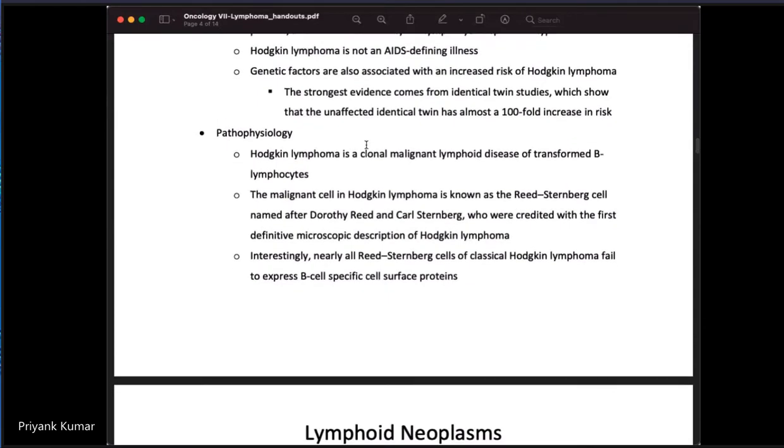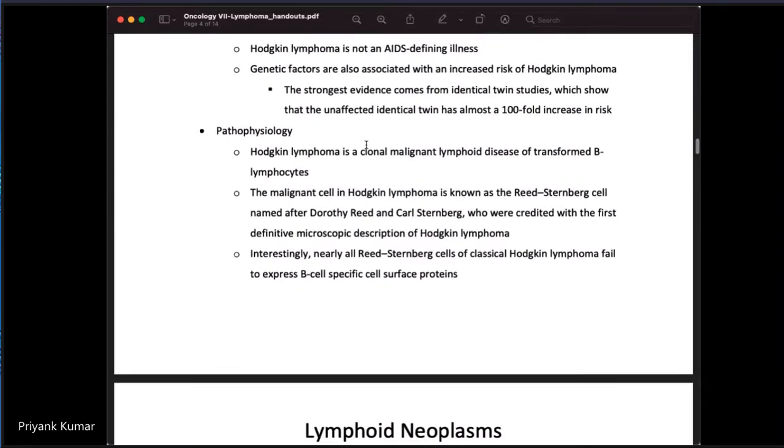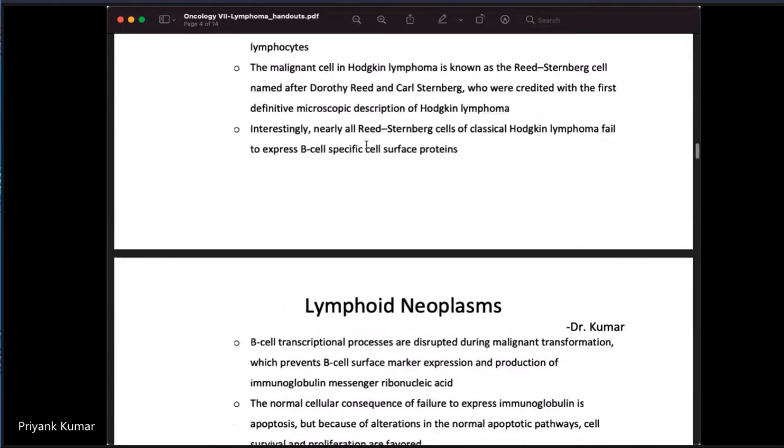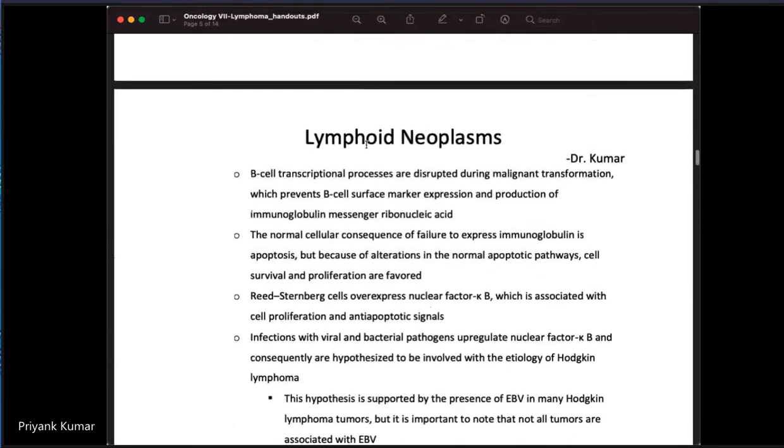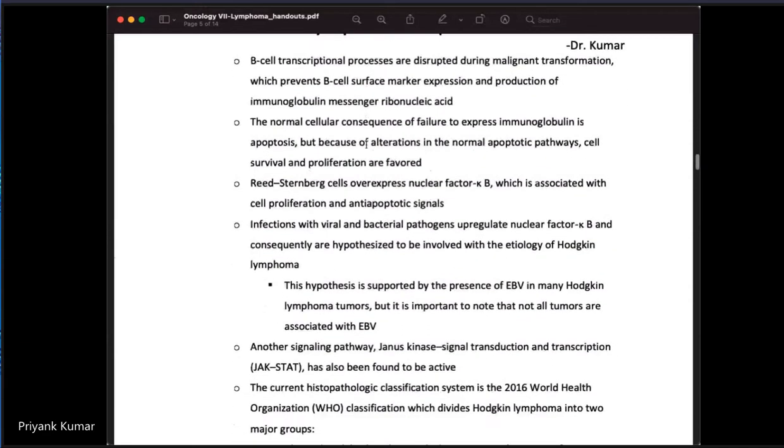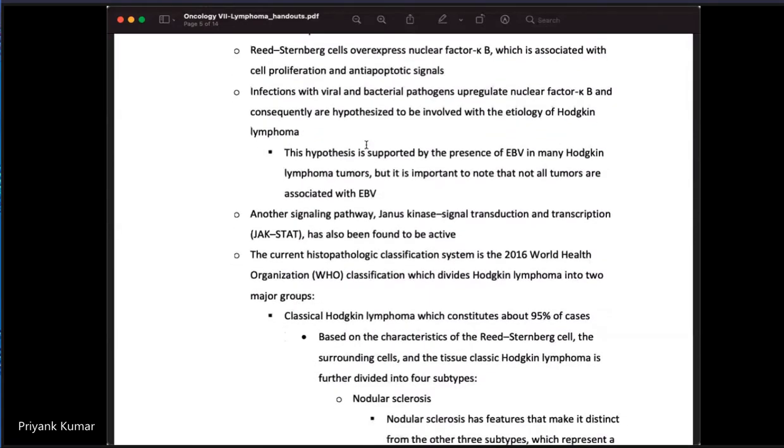Okay, now when we go to the pathophysiology, EBV, Epstein-Barr virus, okay, this is important. Then the JAK-STAT signaling pathway. Any alterations in the JAK-STAT signaling pathway may also cause Hodgkin's lymphoma.